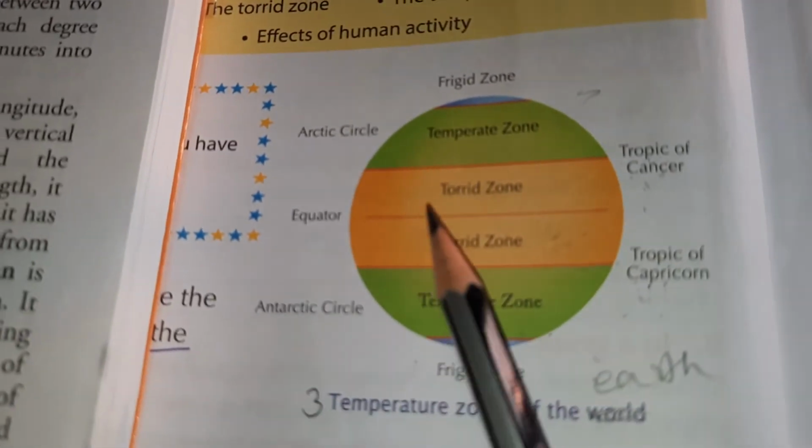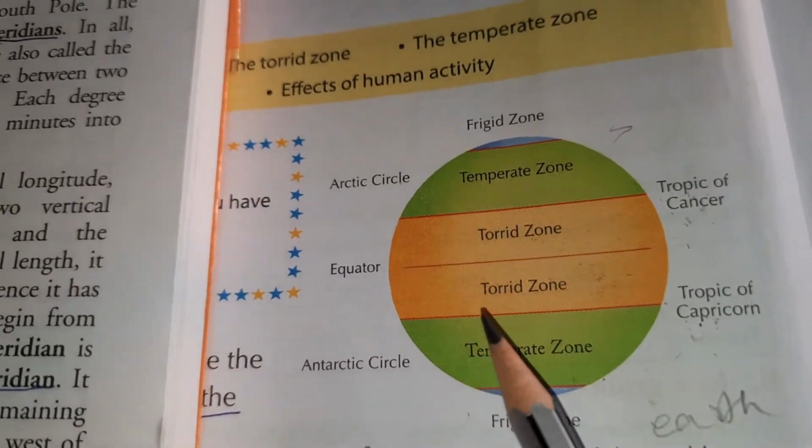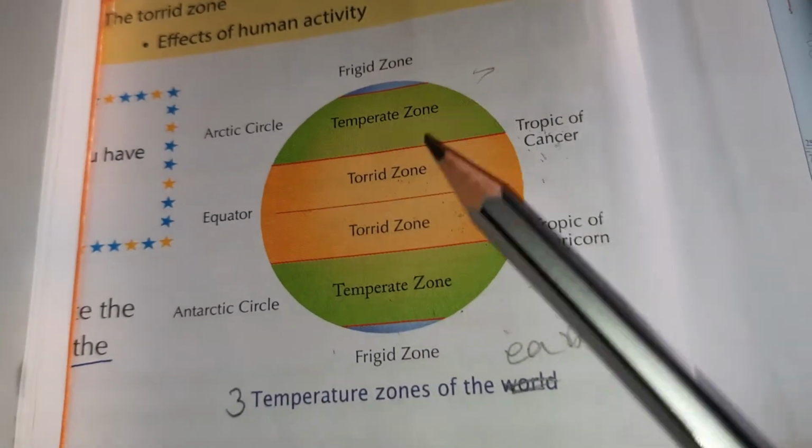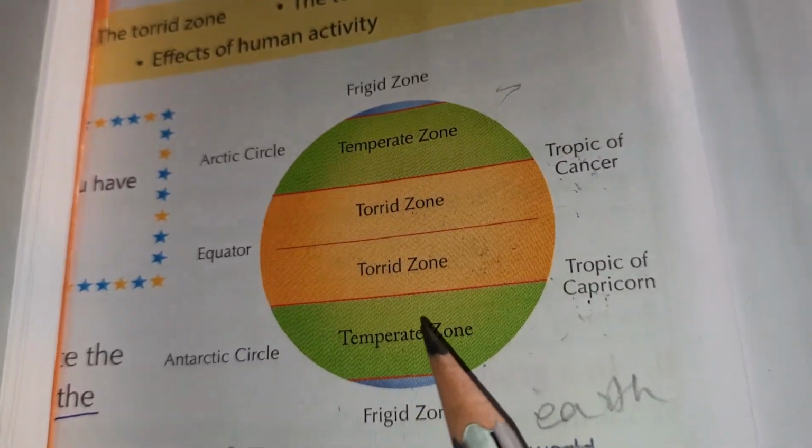See, in this diagram where the temperate zone is, so here it is. It is in green color.